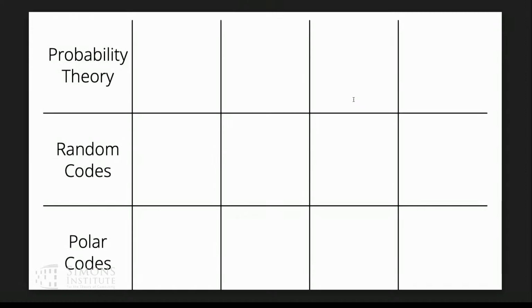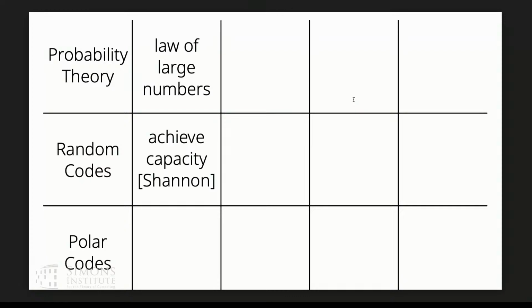So here is a picture of a table, and I will review the content of the table. The table has probability theory, random coding theory, and then polar coding theory as its rows. The first thing I want to address is that there is an analog of the law of large numbers, namely any channel has a capacity.